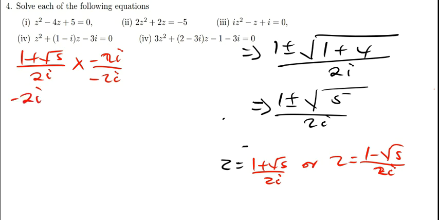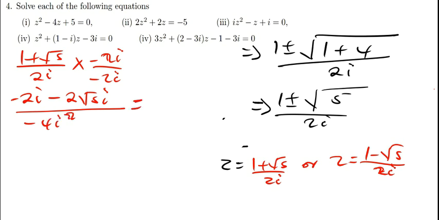Then here I'll have negative 2 times the square root of 5, then i. Then we divide this by, you just square the one having negative, meaning it's negative 4i squared.